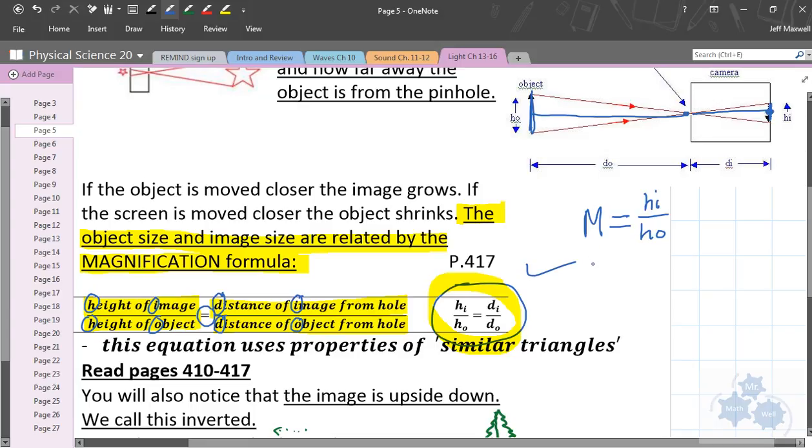If you have a magnification of 0.5, let's say, then the image would be half the size of the object, 1 over 2. And M also equals di over do. Image is always on top, just remember that. Image always on top.